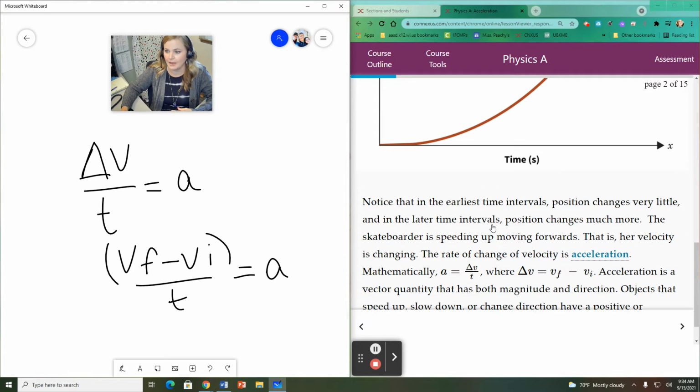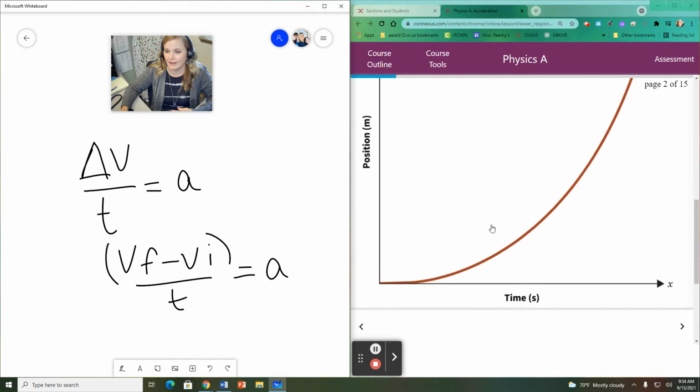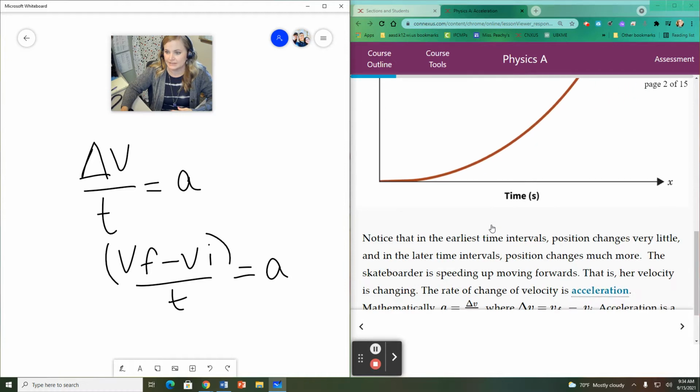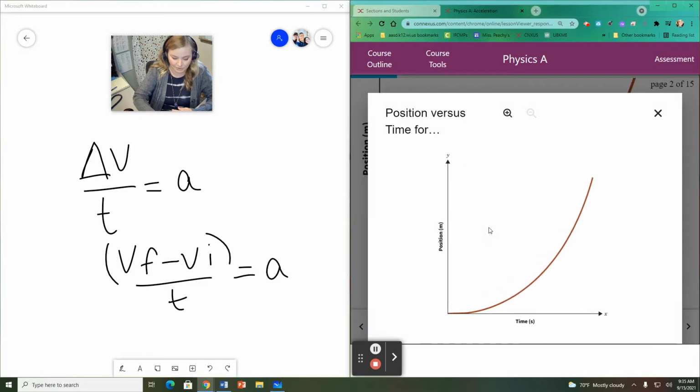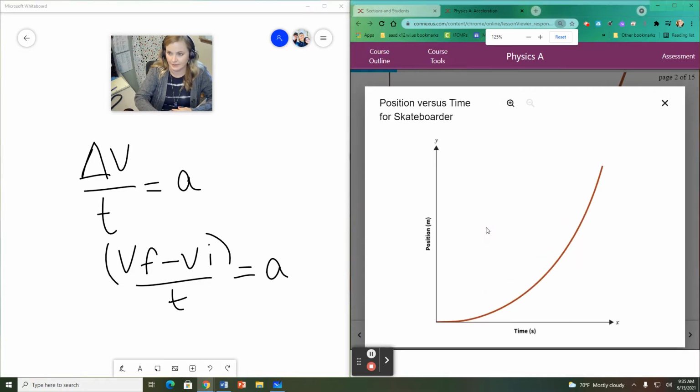All right, so here we have a graph of position versus time. It says, notice that in the earlier time intervals, position changes very little, and in the later time intervals, position changes more. In our previous lesson, I'm going to actually zoom out on this one a little bit. We had seen a linear line here.